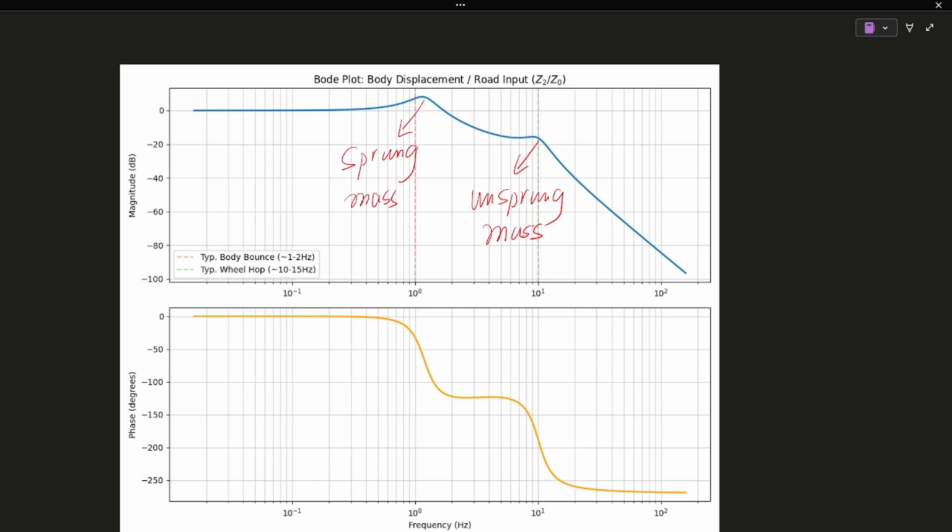On the phase plot, there is a 90-degree phase shift near the two resonance points. From this graph, we can clearly see the characteristics of this 2 degree of freedom quarter car suspension model. This is the Bode plot generated by the AI.